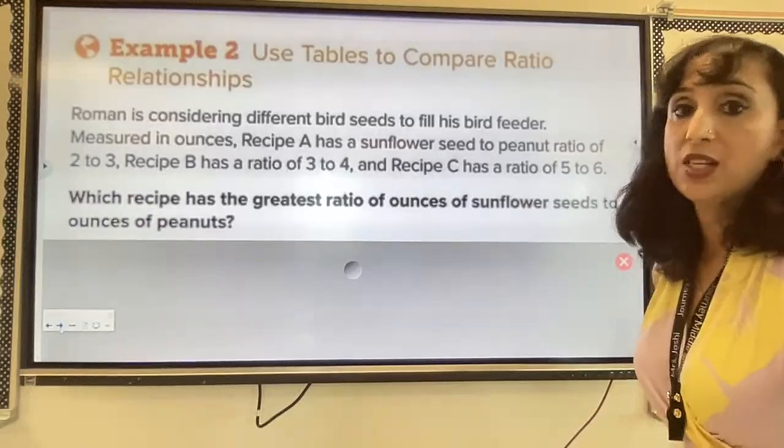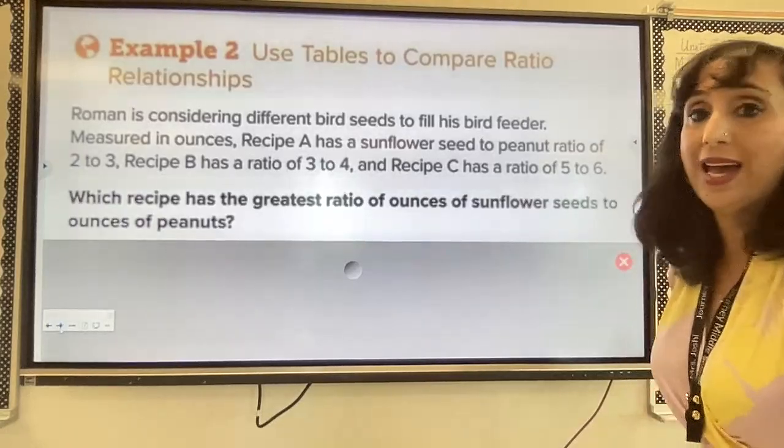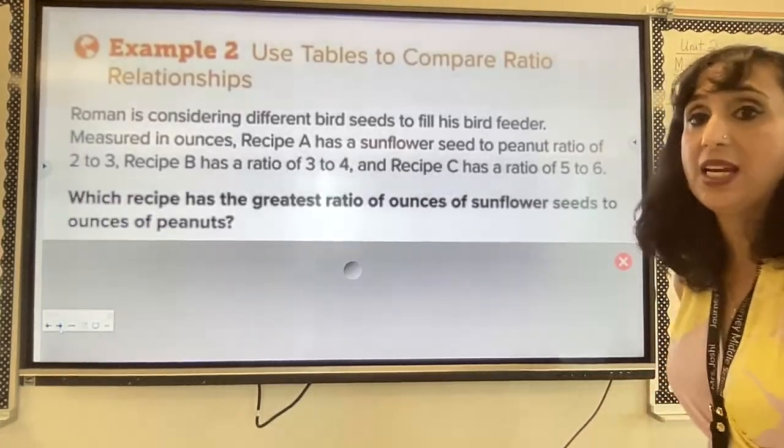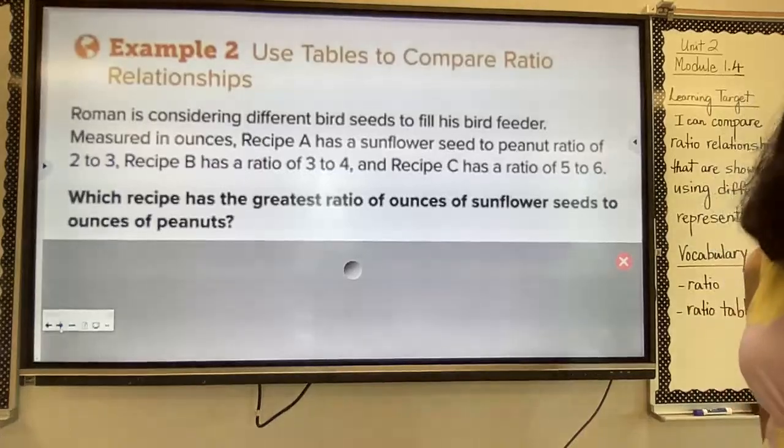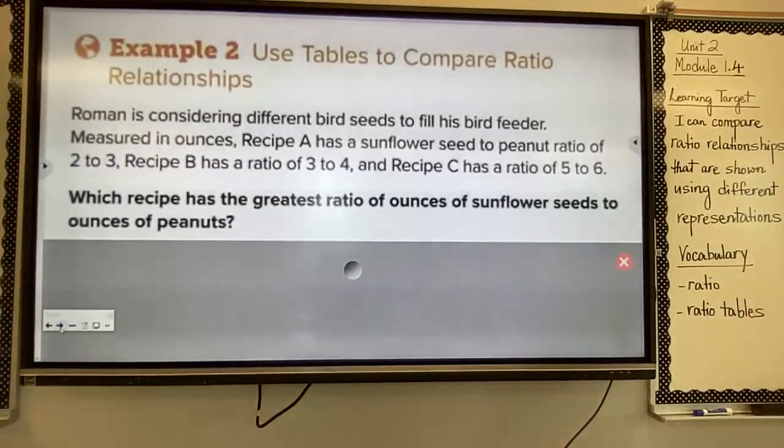Measured in ounces, recipe A has a sunflower seed to peanut ratio of 2 to 3. So I'm going to start making a ratio table for each recipe, and then I'm going to find the equivalent ratios to compare the relationships.